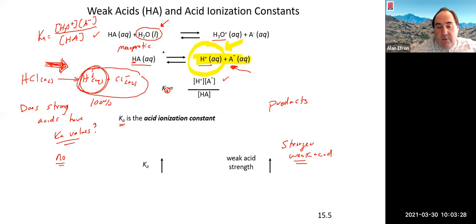As opposed to a weak acid like hydrofluoric acid or something like that. It is a back and forth equilibrium that will occur, and so it will have an equilibrium constant. So strong acids typically do not have equilibrium constants. The only one listed that you might see in a Ka table is H2SO4, and that's because it's a strong acid, but it's a diprotic acid, so it actually has 2 hydrogens.